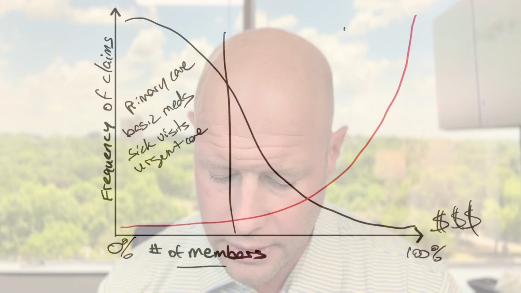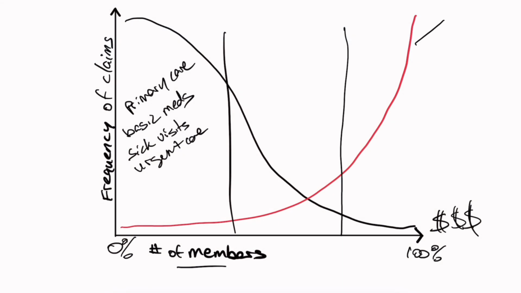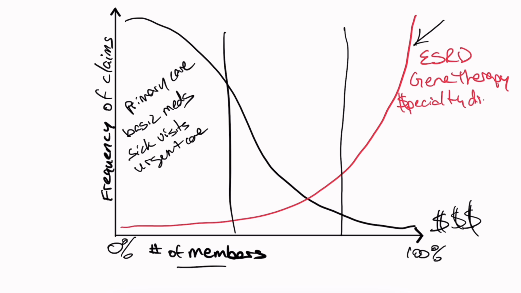So the second thing you want to look at here is what's really driving your utilization as far as dollar spend. That's this graph right here. And so these members are going to be very infrequent but high impact. And as we look at that utilization, it's going to be things like gene therapy, specialty drugs, cancer treatments, and then acute cases or acute complications of chronic disease.